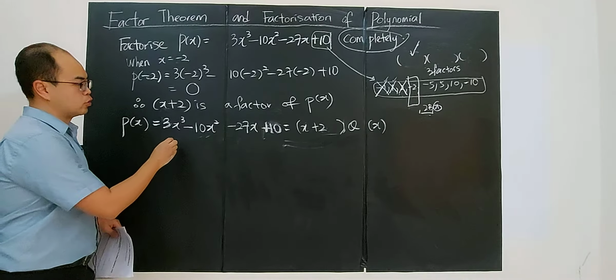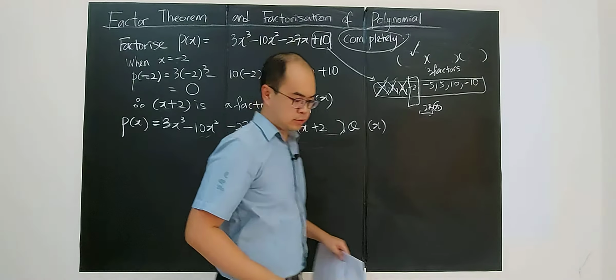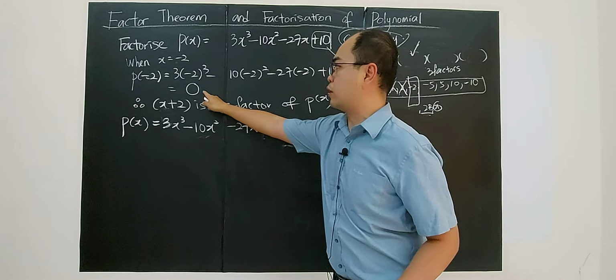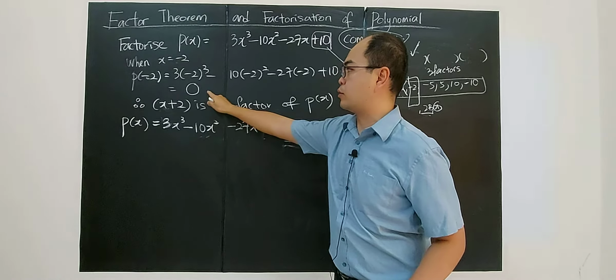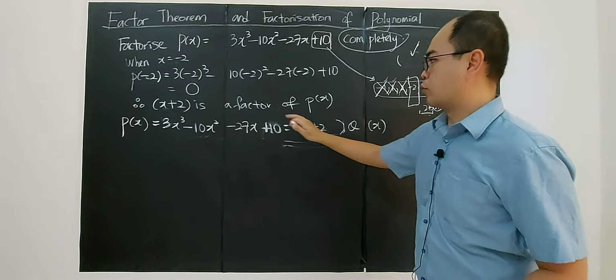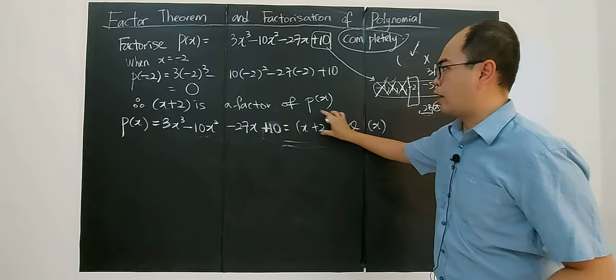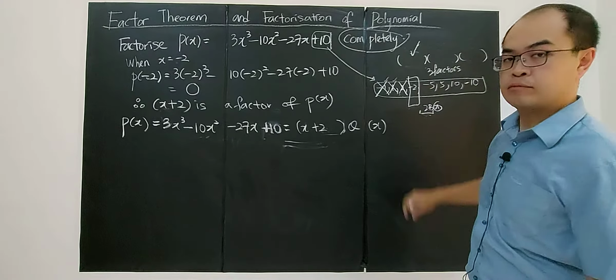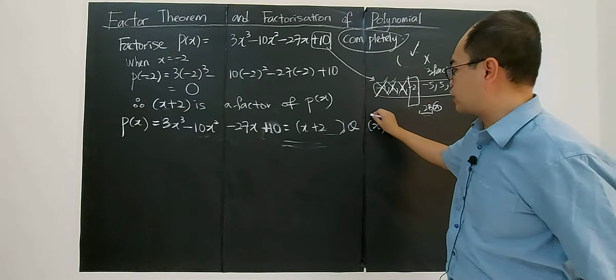Very simple. You already tried by trial and error and found that negative 2 gives you remainder 0. So x plus 2 is a factor. So for this cubic, you already know one of the factors. Then you still have 2 more factors, which is a quadratic factor here. So how to find q(x)?